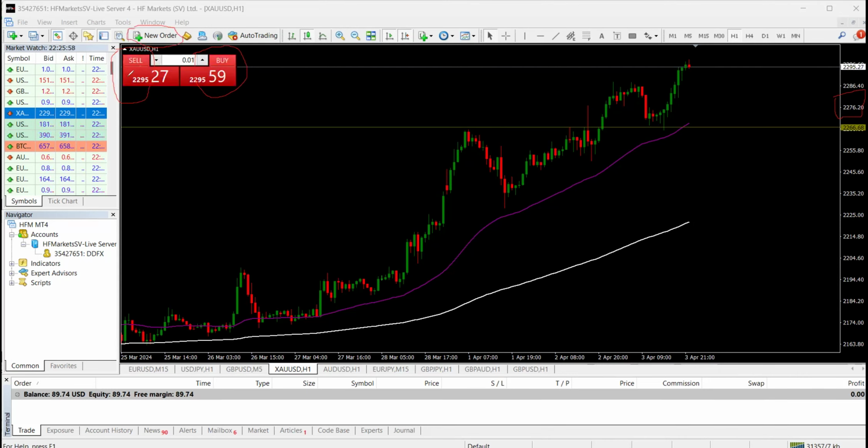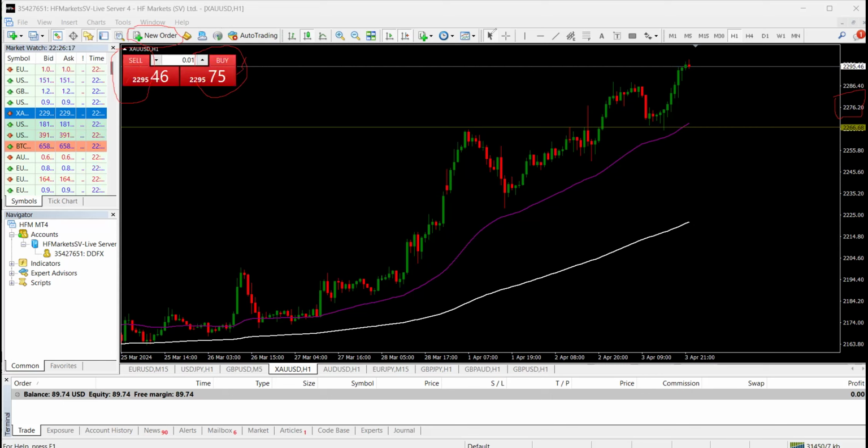Now, if you click this sell or this buy, you are actually telling the market to execute trade instantly for you. Once you click any of these two buttons, market will execute trade instantly for you.